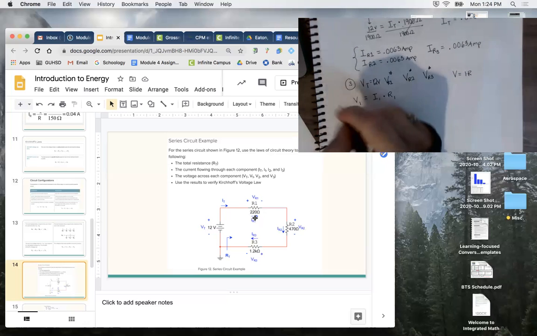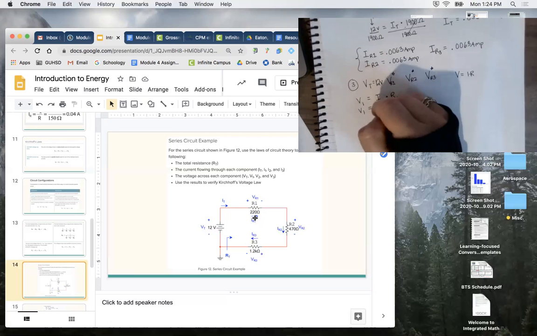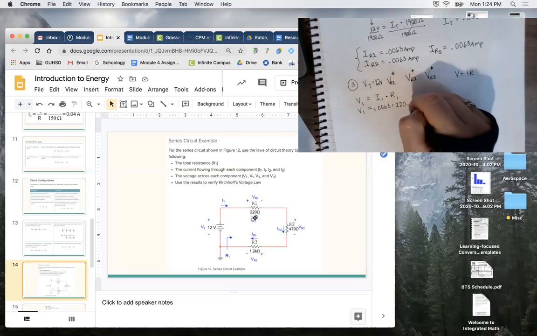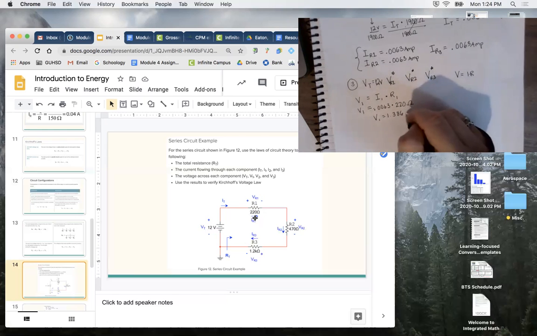So the voltage at 1, which is what I'm trying to solve, is equal to the current at 1, which is my 0.0063, times my resistance at 1, which is 220 ohms. So I'll do that math really quick. We get 220 times 0.0063, and I get that the voltage at 1 is 1.386 volts.